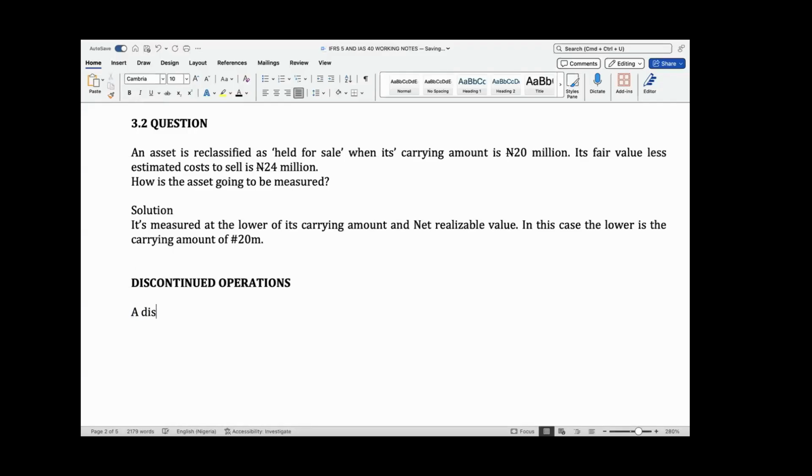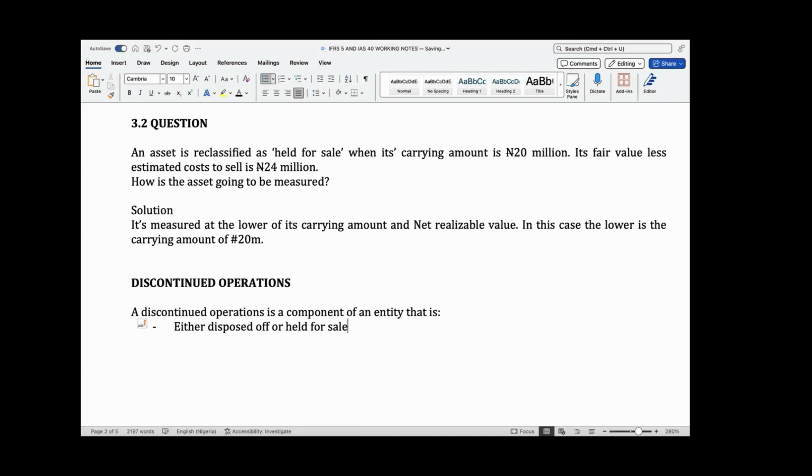So a discontinued operation is a component of an entity that is either disposed of or held for sale.